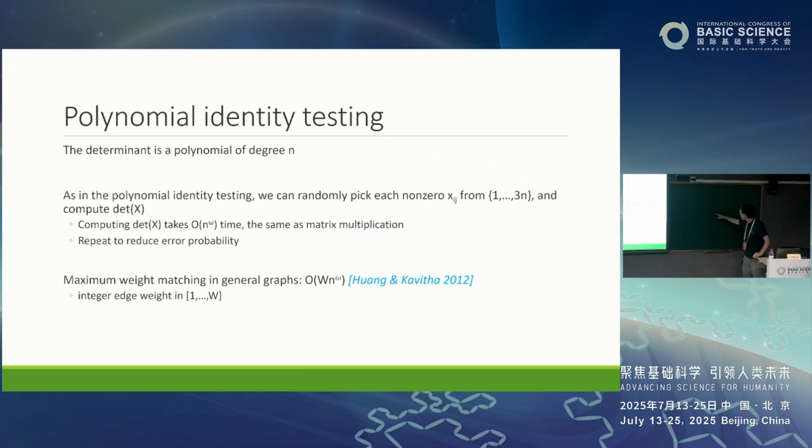We have an algorithm like m times square root of n times log(nW). So there is still no such algorithm using matrix multiplication to reduce the dependence on W.